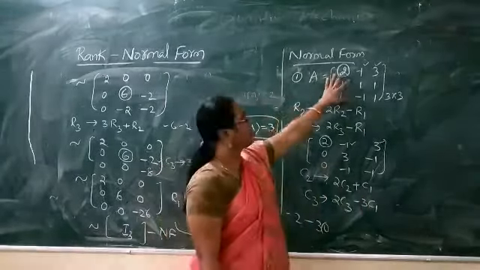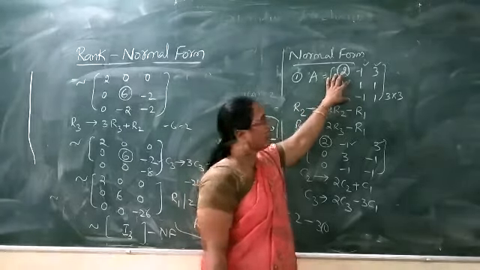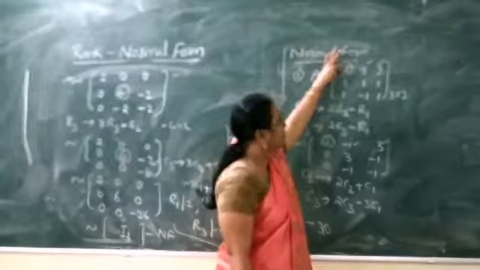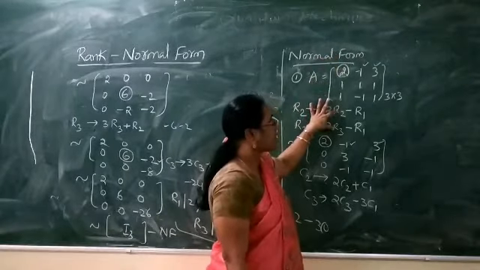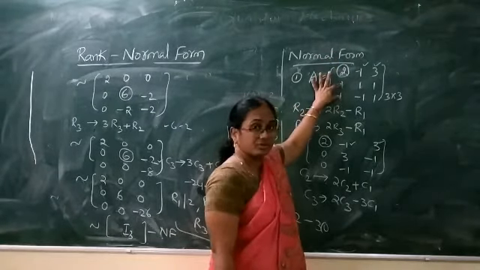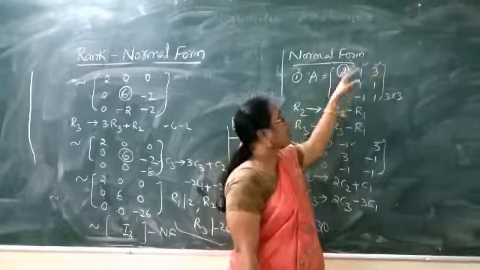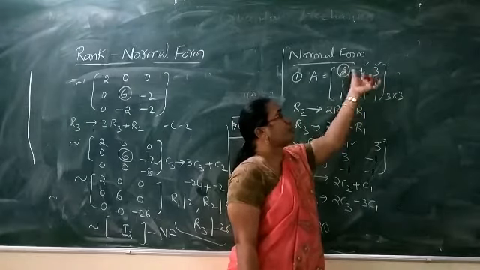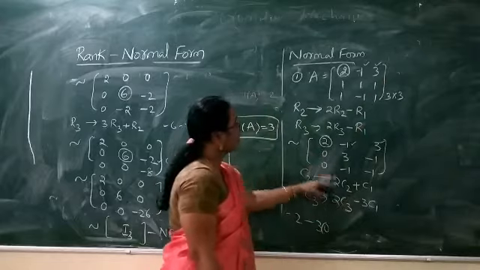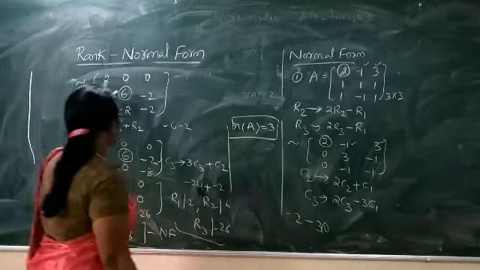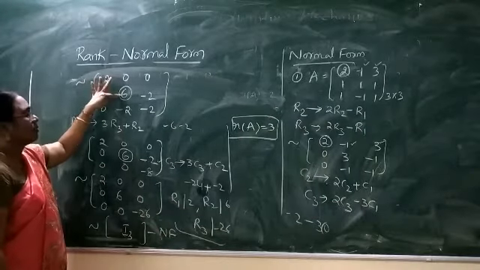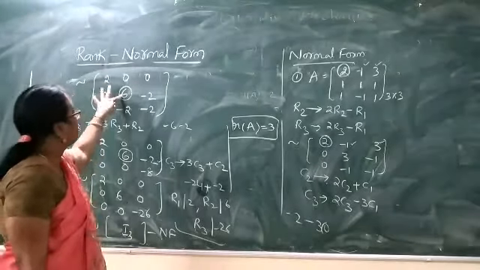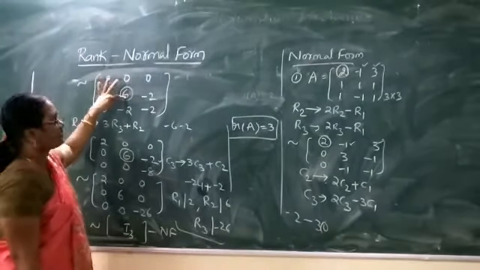So in order to reduce this matrix to normal form, being non-zero, we have chosen the first pivot. Using row operations, we made the elements below it zeros, and using column operations, we made the elements to the right of the pivot zeros, and we arrived at this step. Now we have chosen the non-zero second pivot, which is 6.